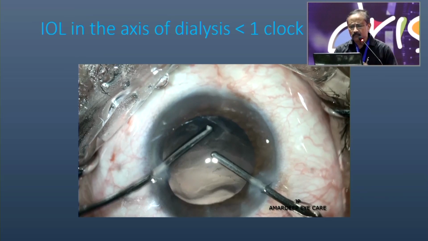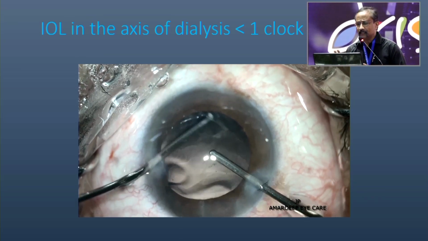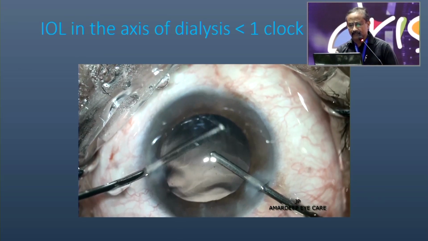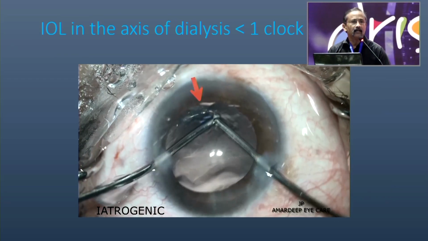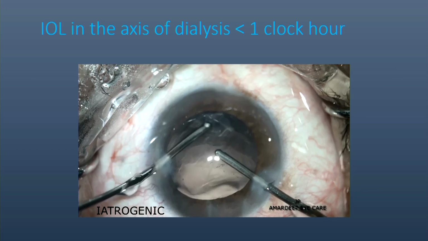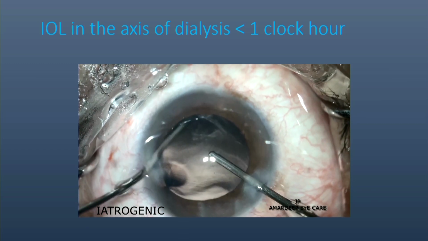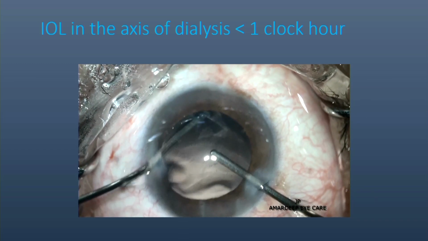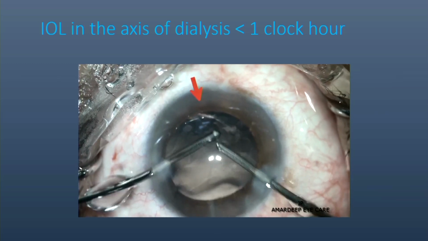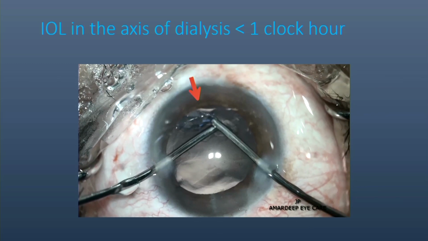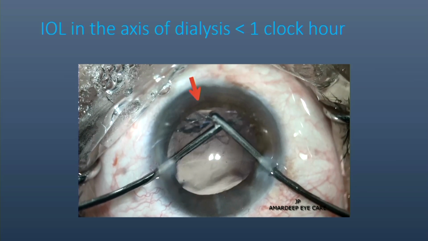If you have a small zonular dialysis like this, at the end of the last bit of cortex aspiration, I'm pulling the capsule in. The small ones, you can leave it alone. Keep the lens in the axis of that dialysis. That is all that you need. It is all the more better if you can keep a 3-piece IOL in the bag in that axis.